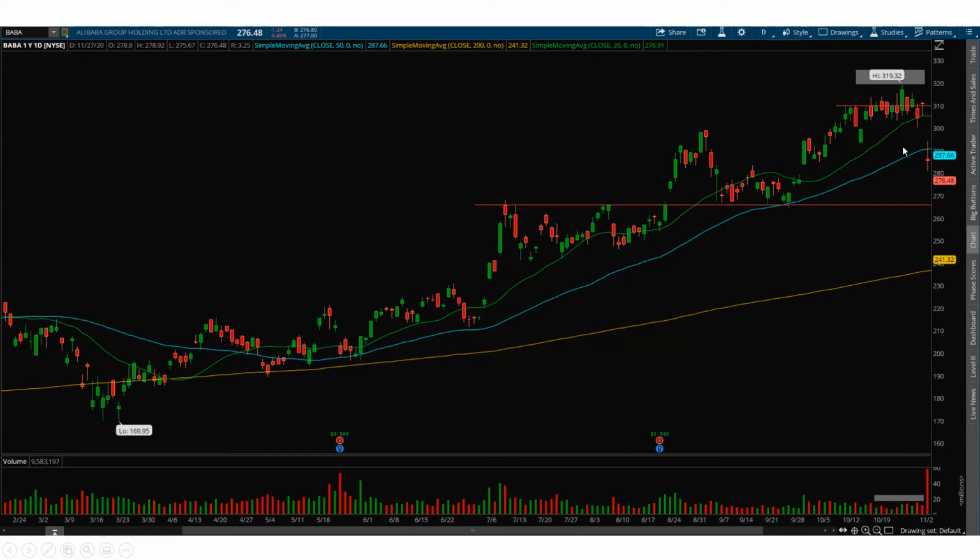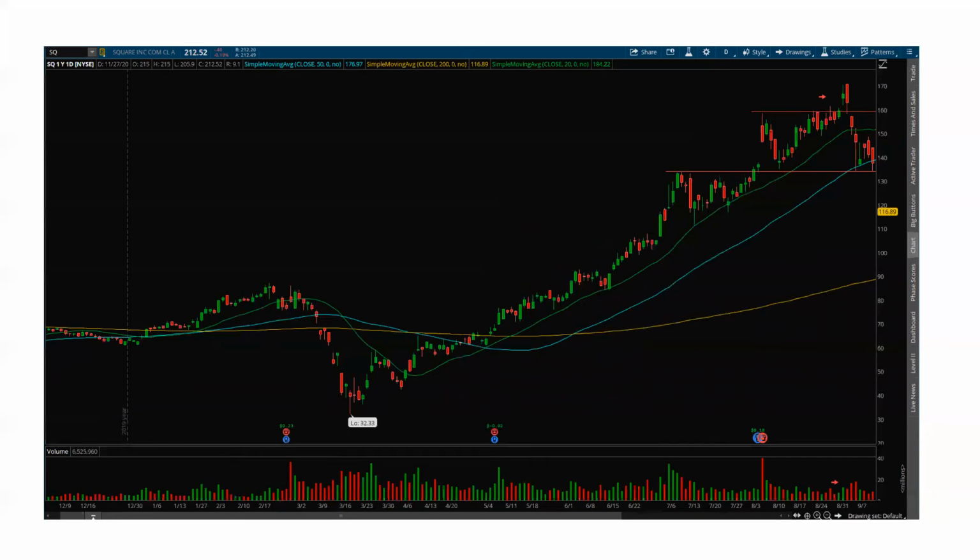Did it break out of this consolidation? It sure did. It went up to 319.32, but did it hold? The answer is no, not at all. The reason is that the volume wasn't there for the traders to hold it. And then look where BABA eventually ended up. So you've got to have volume.